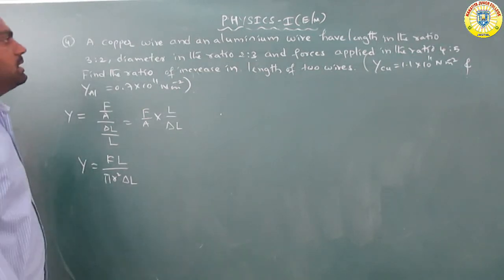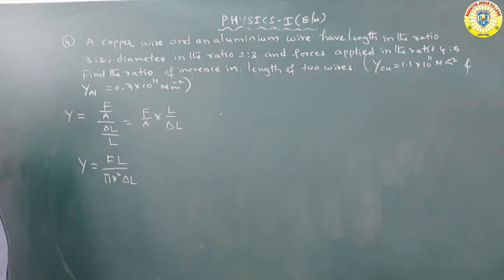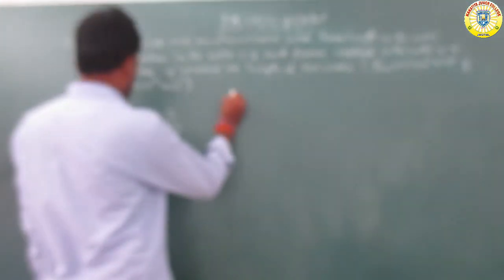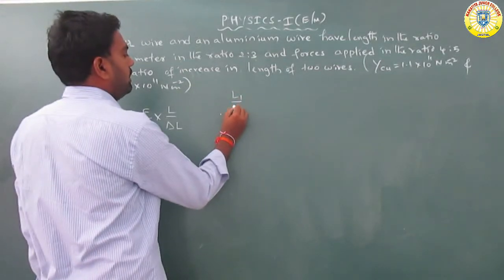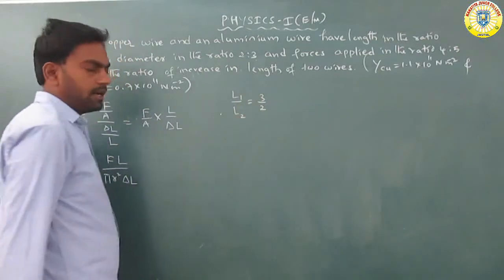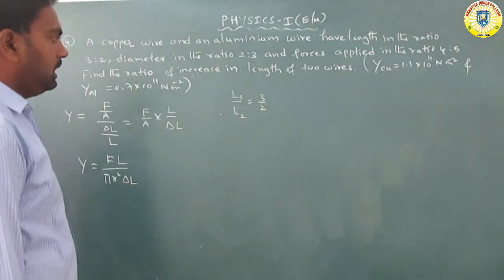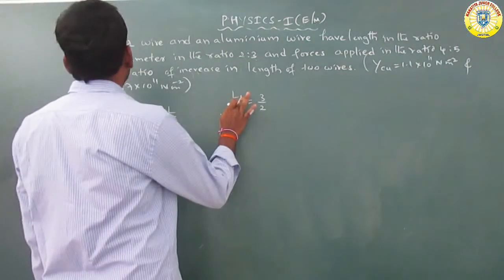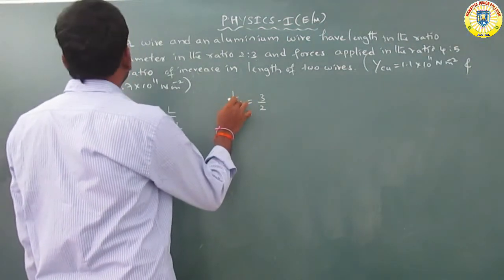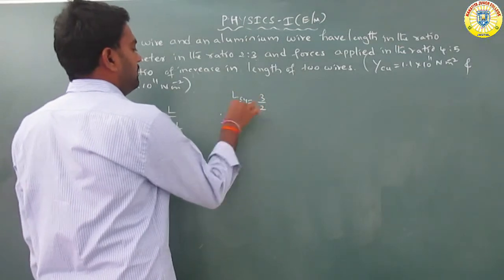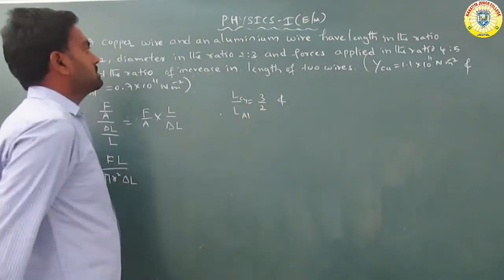Now, given the information: the copper wire and aluminium wire have lengths in the ratio L1 by L2 equal to 3 by 2.